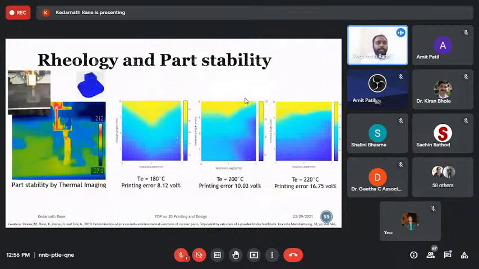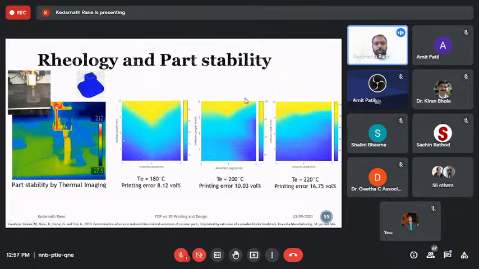Another aspect is stability. Again, this kind of thermal imaging is employed to monitor the real-time stability of the part during the deposition. You can see for different printing combinations, if you increase the temperature, your part stability is different. There is a distortion on the top side.